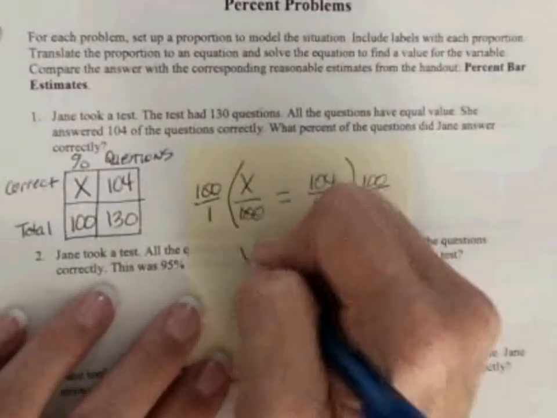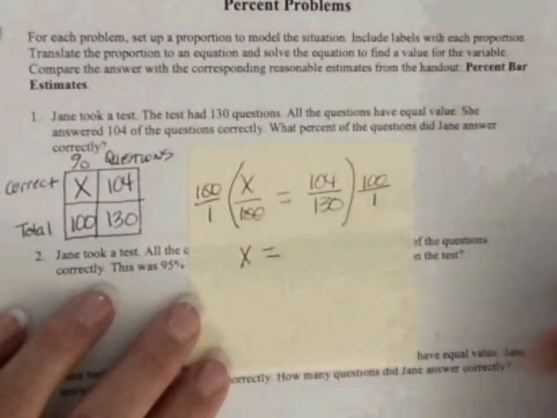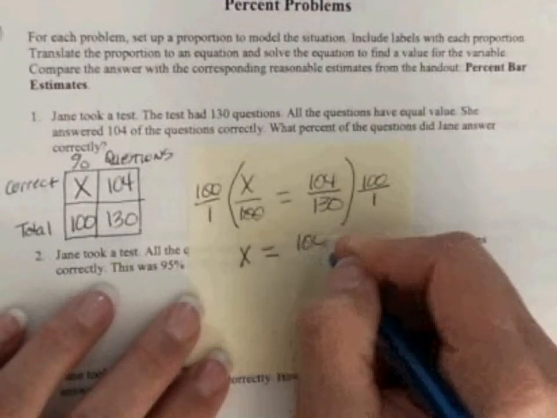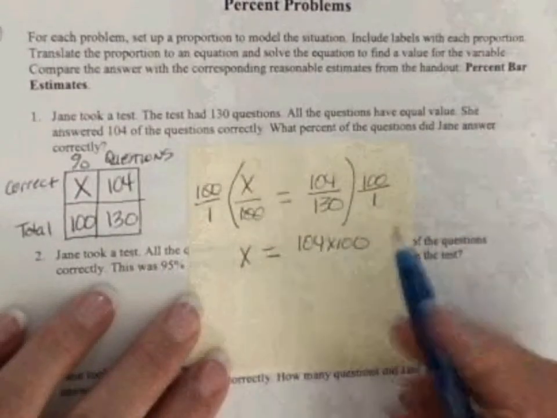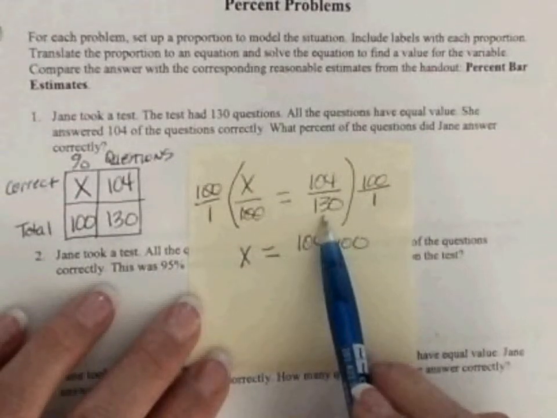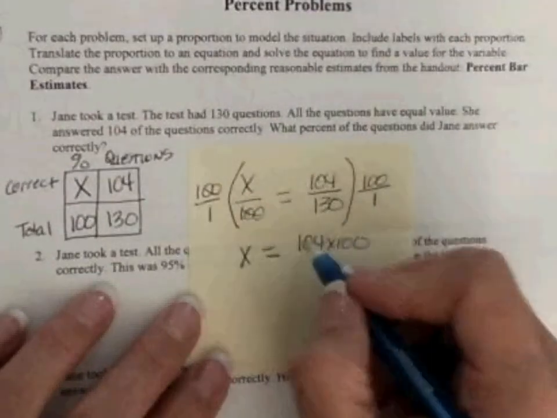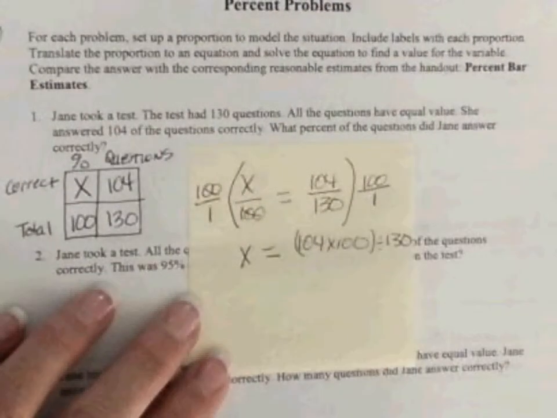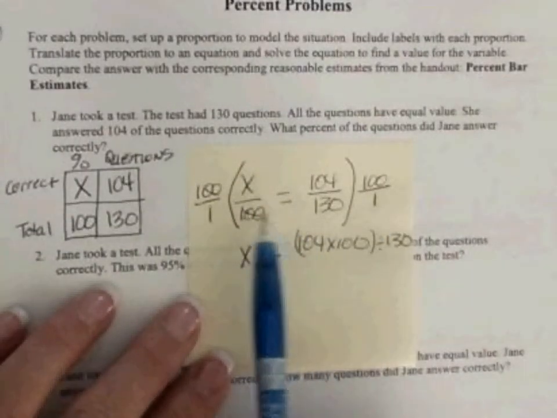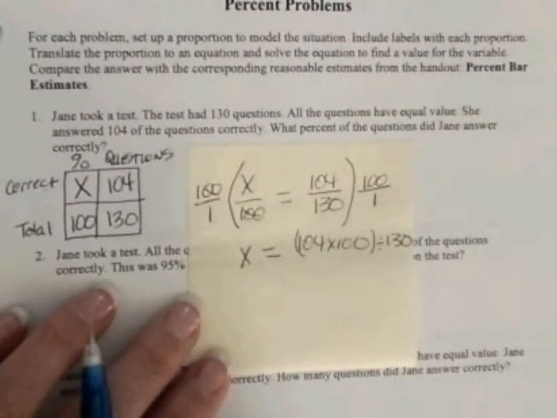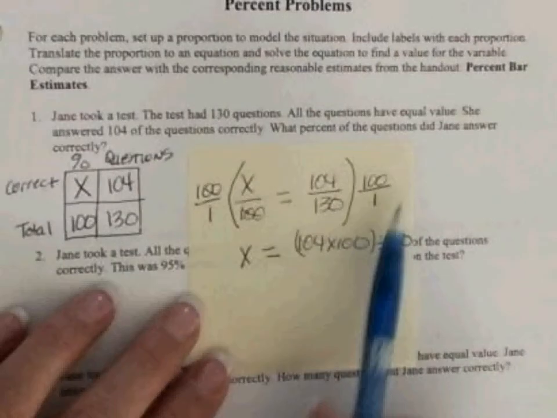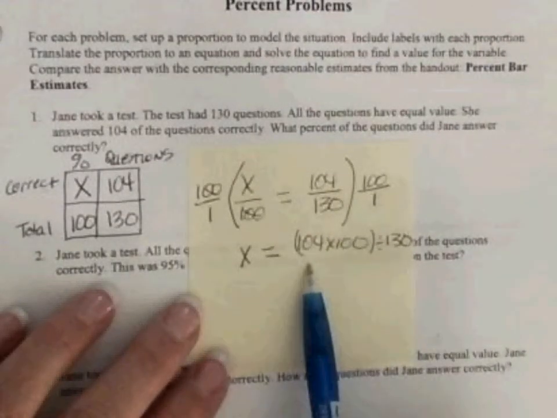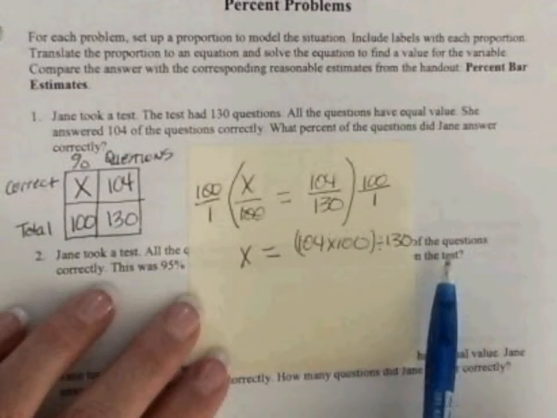X. Then we're going to multiply 104 times 100, and then it's divided by what's on the bottom, 130. So we have our two ratios, and then we solved. To solve for x, it's going to be 104 times 100 divided by 130.